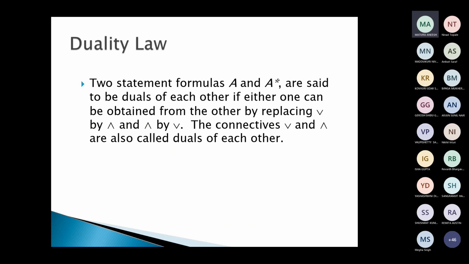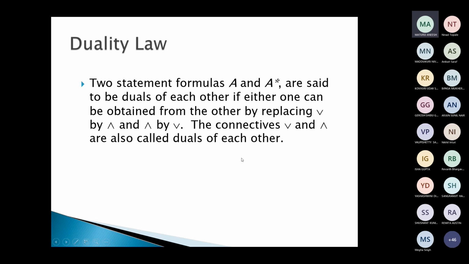So usually the connectives OR and AND are called the duals of each other. So there is one formula. If you can obtain the other formula by replacing OR by AND and AND by OR, then it is called what? Dual of each other. Whenever you find a true, true should be replaced by false, false by true.